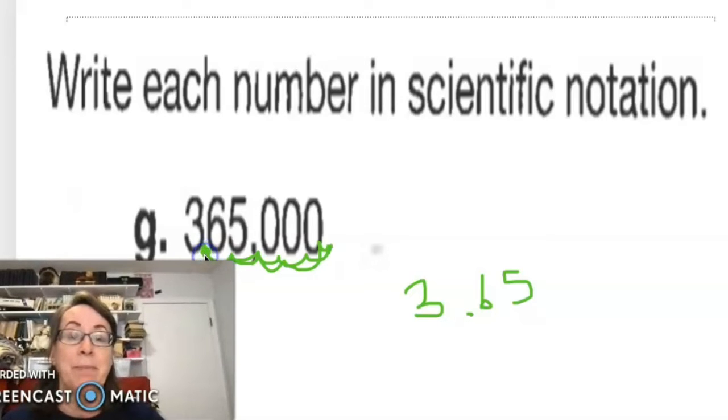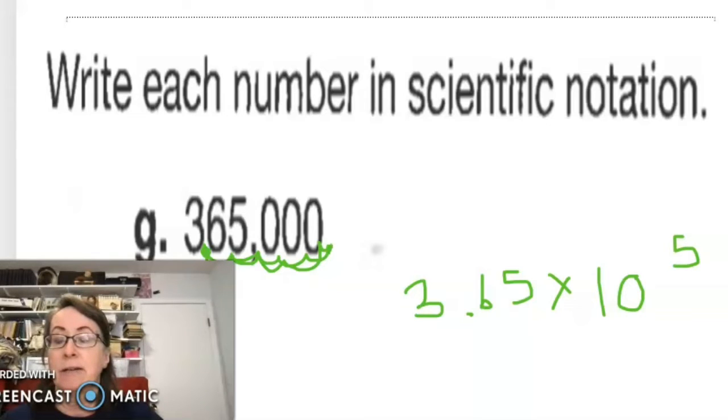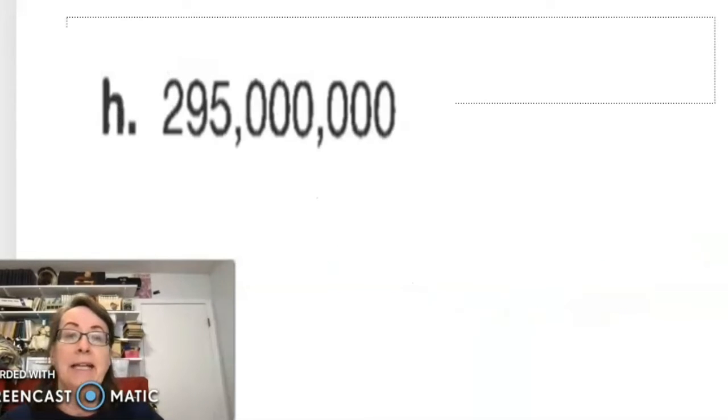Right behind the first non-zero digit is where we always want it to be. So we want it to be 3.65 times, and how many places did we move it? 1, 2, 3, 4, 5. So it's going to be 10 to the 5th power in scientific notation.